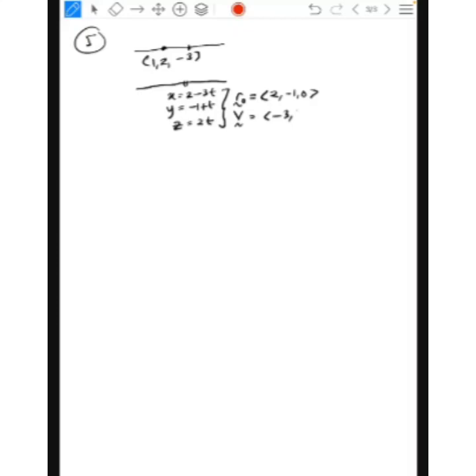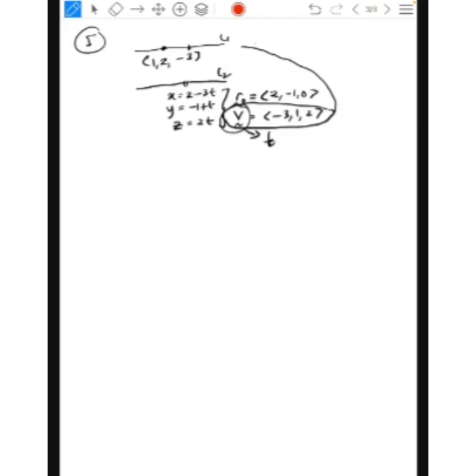So obviously from here you can read the R0, which is 2, -1, 0, and then the V, which is -3, 1, 2. Okay, V is the constant associated with t. Okay, so the constant associated with t here is -3, 1, and 2. Okay, so that's how you read the R0 and V from vector equation. Okay, so since this line number 1 and this line number 2 is parallel, so you can use this V as the line number 1 V as well.